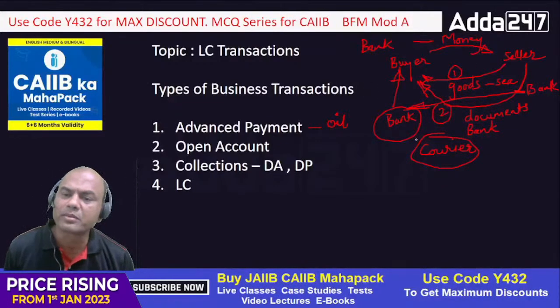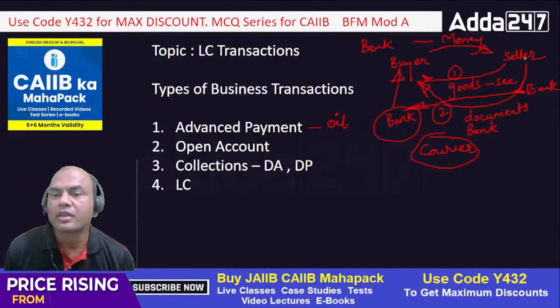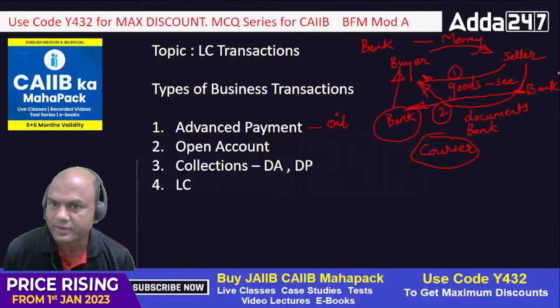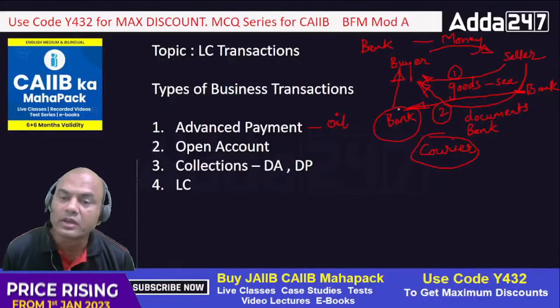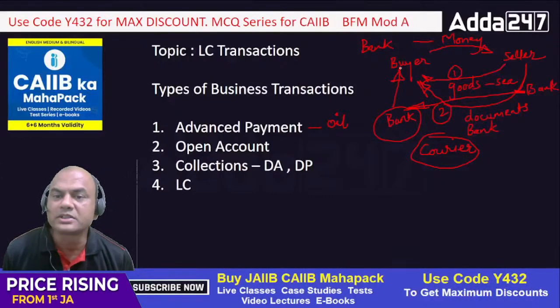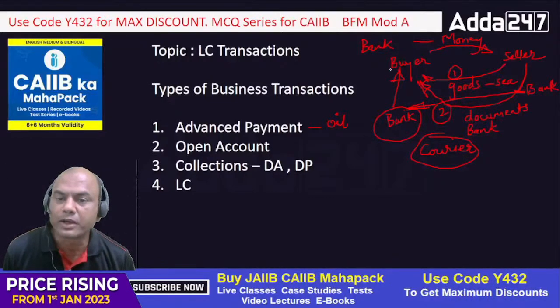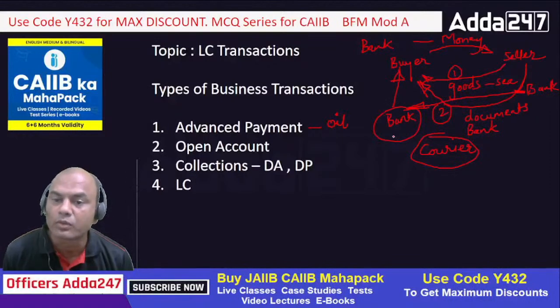Then you'll say, what is the problem? Everything is going good, but there is a problem. The seller will send the goods, and the seller will send the documents to his bank, which will send the documents to the buyer's bank. Now here the problem comes. If this buyer does not pay to this bank, then what? This bank will keep the documents on hold.